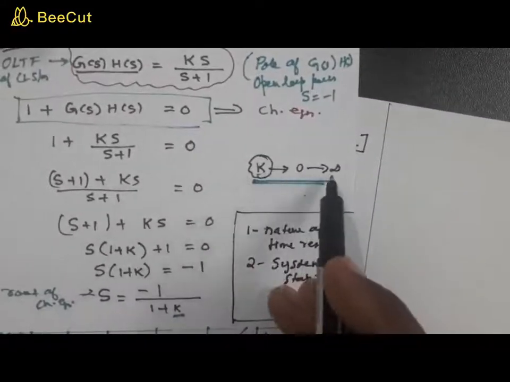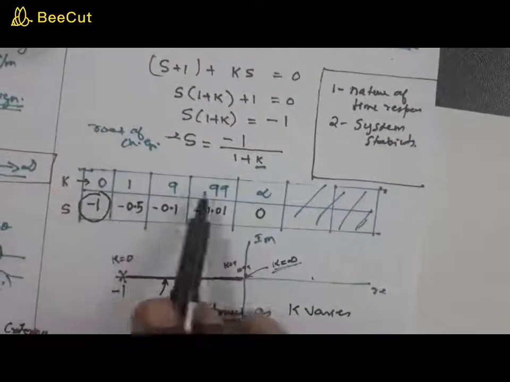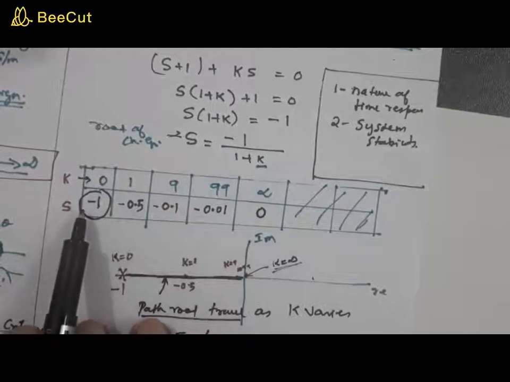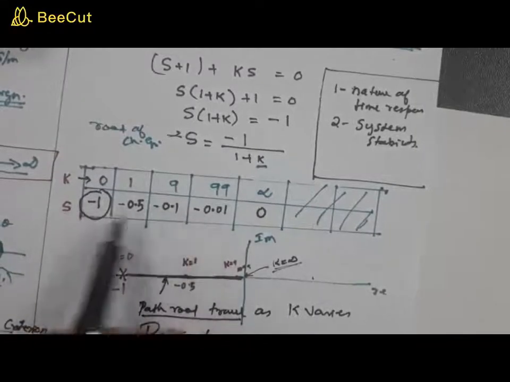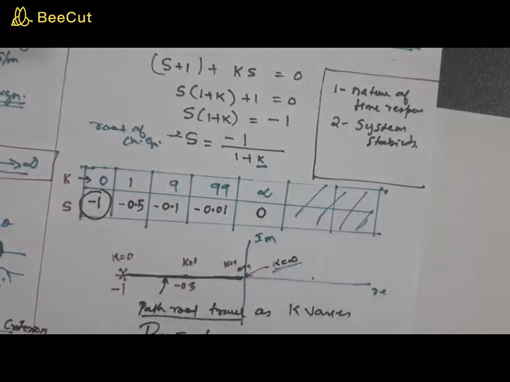We changed the value of k from 0 to infinity, and for different values of k the location of the roots changes. The path that the root travels as k varies is what is called a root locus.